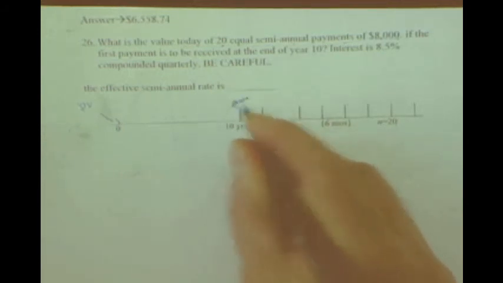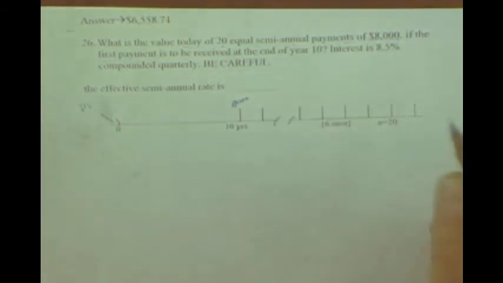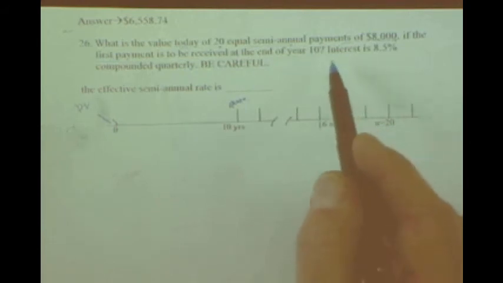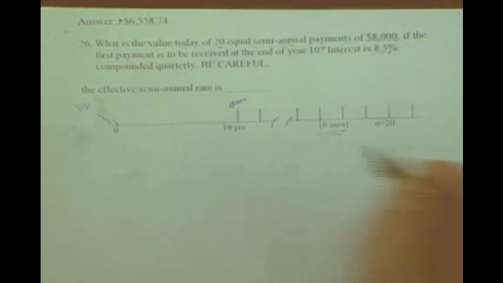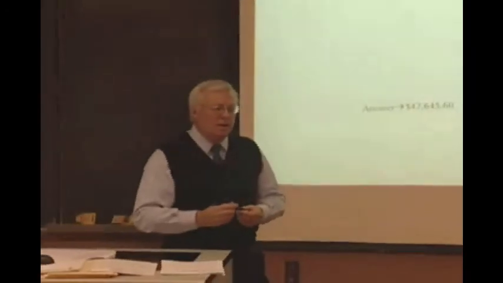If the first payment is to be received at the end of year 10, interest is 8.5% compounded quarterly. There's 6 months between payments. Now this was one we did. We didn't have to manipulate the interest rate, but we did something like this yesterday.